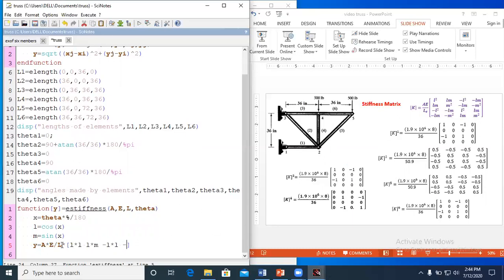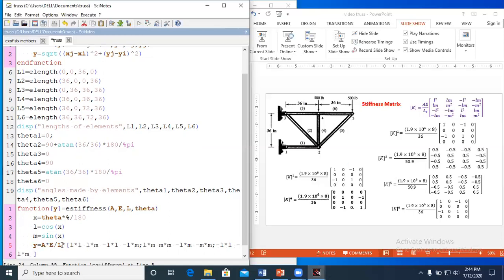Next minus L into M. This is your first row. Now the second row is L into M, next M square, next minus L into M, next minus M square. Minus L square is the third row, minus L square, next minus L into M.